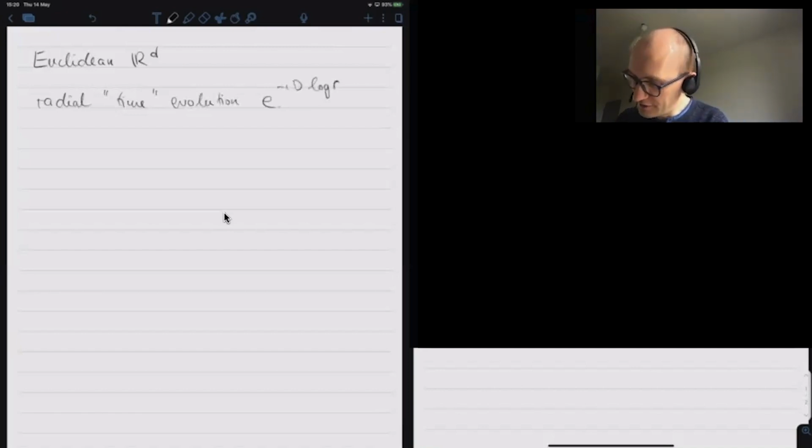And I remind you, this is a notion of Euclidean time because we're in Euclidean R^d. So this is definitely Euclidean time.